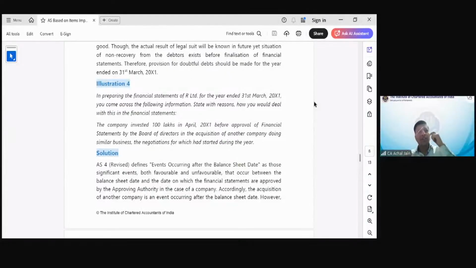So negotiations, all of these things, are all discussions. Discussion is not conclusive evidence whether this deal will get through or not. So that's not how you will decide it. Clear? Okay, sir. Otherwise, what will happen? You will end up recording your subsequent period in the reporting year only.